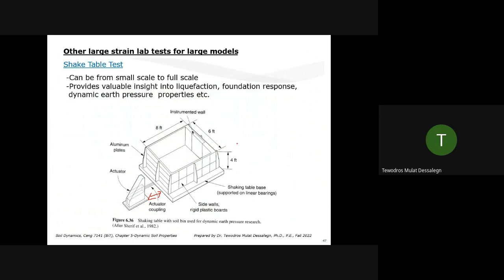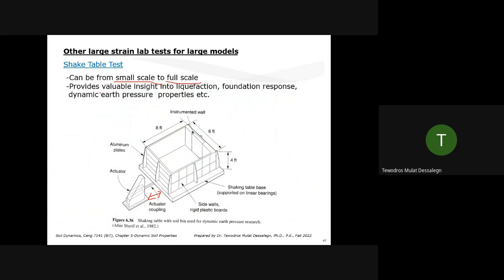This requires a big facility, a big lab. In some cases, the shake tables are full size. You can find 10 meters by 10 meters by 10 meters in height. It's huge, probably the size of this room or a little less. So it's a large scale test, but it can be performed from small scale to full scale.